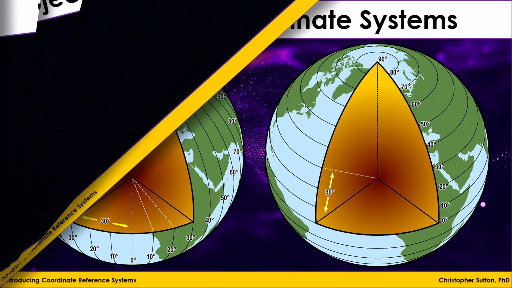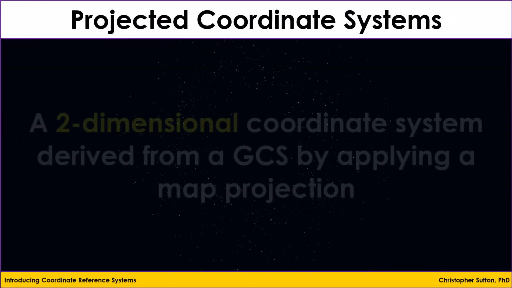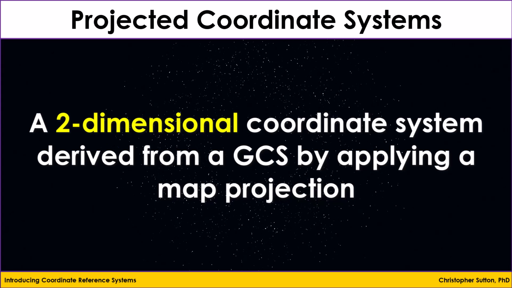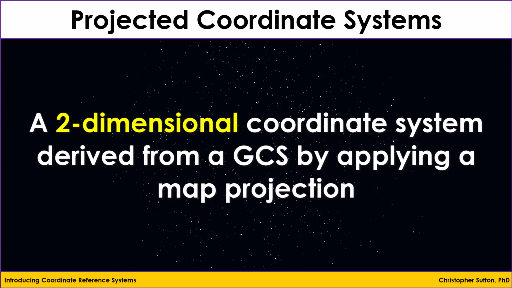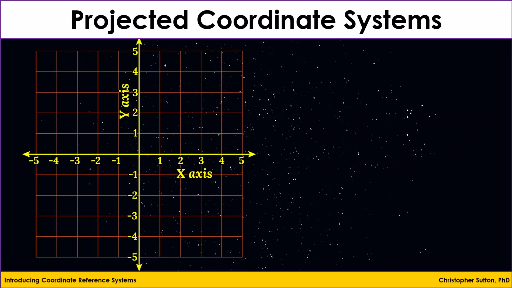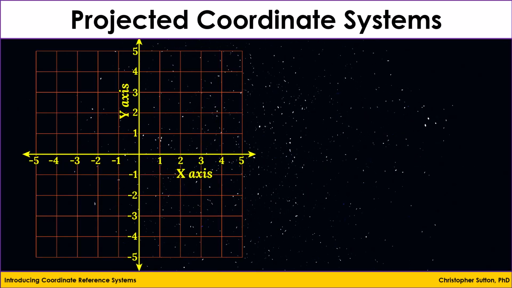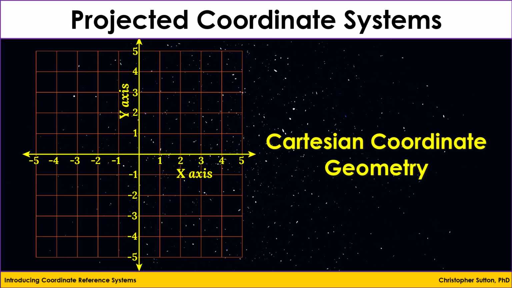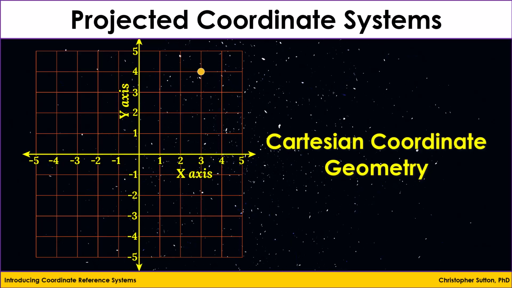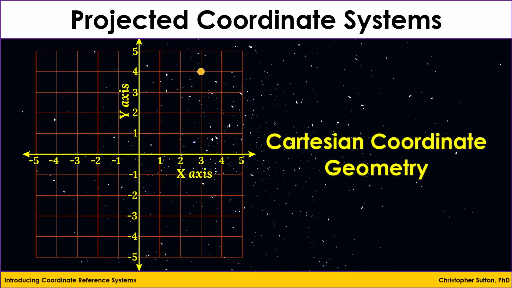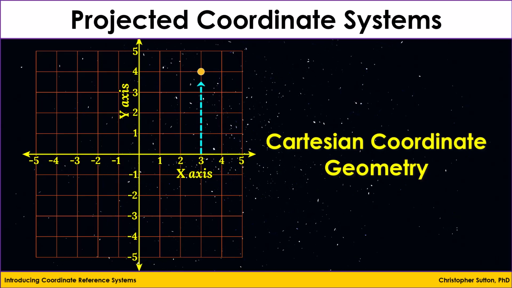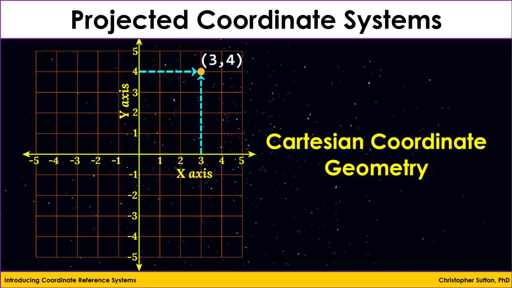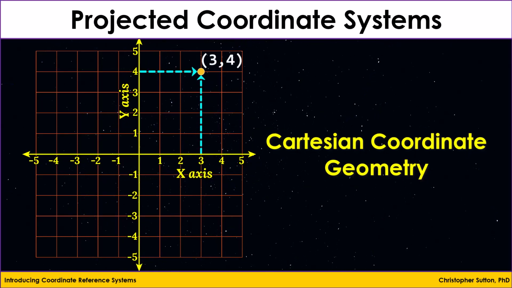A projected coordinate system is a two-dimensional coordinate system derived from a geographic coordinate system by applying a map projection. Coordinate positions in a PCS are based on Cartesian coordinate geometry. You likely have experienced Cartesian coordinate geometry where we have an x-axis and a y-axis, and coordinate position is expressed as the distance from each of these axes.